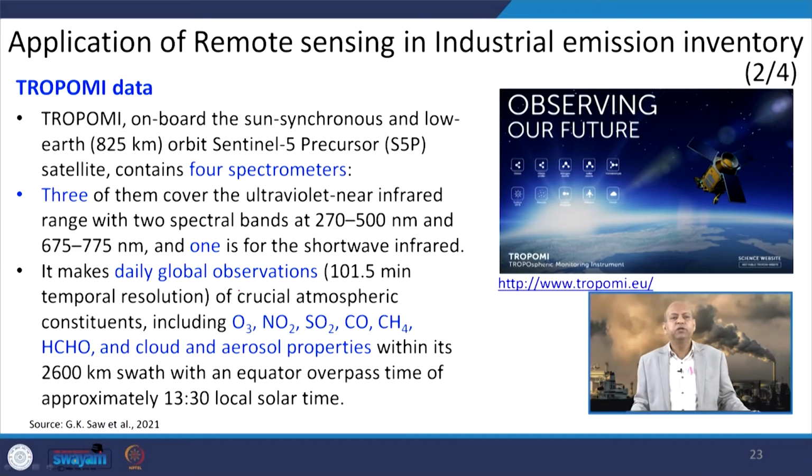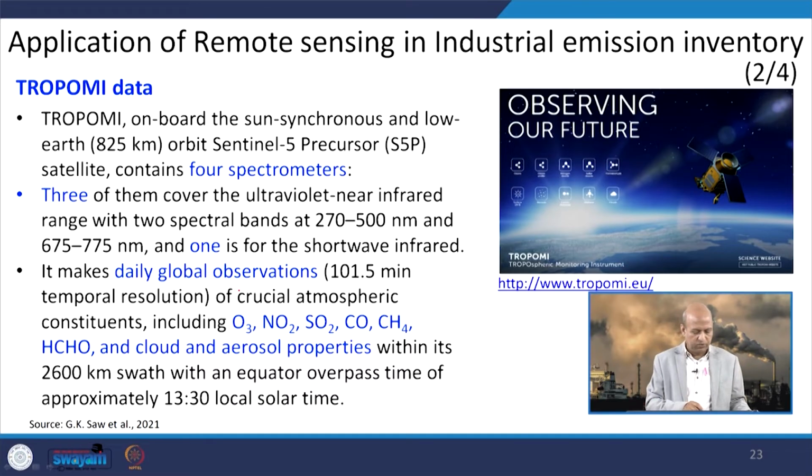Well, the TROPOMI data available on board is from a sun synchronous, low earth orbit satellite, which contains 4 spectrometers. 3 of them are used for the ultraviolet to near infrared range, and 2 spectral bands are there. One is for the short wave infrared, okay, and it makes daily global observations, right.